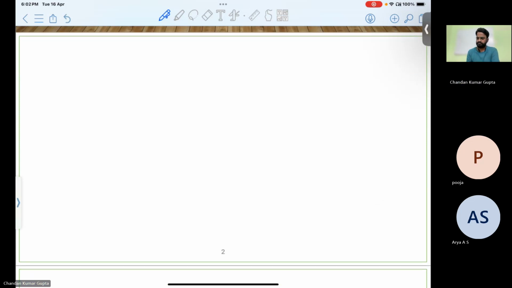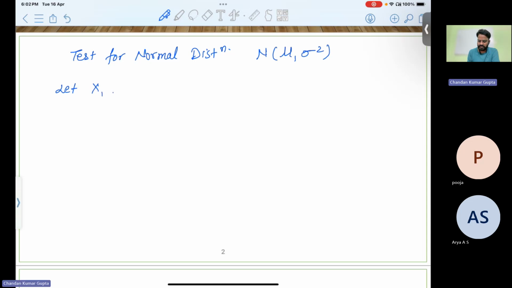Okay, like we are going to test the normal distribution. Usual notation is that it is normally distributed with mean mu and variance sigma square. So let x1, x2 up to xn be random variables which follow normal distribution with mean mu and variance sigma square.